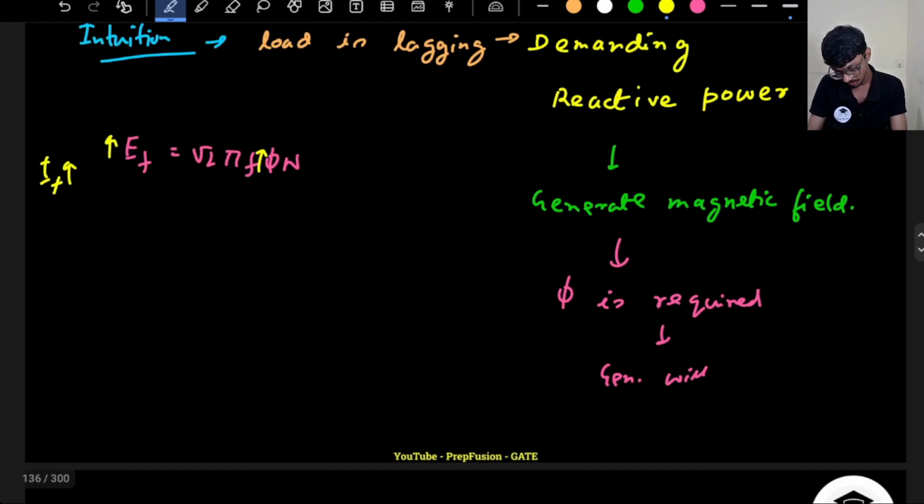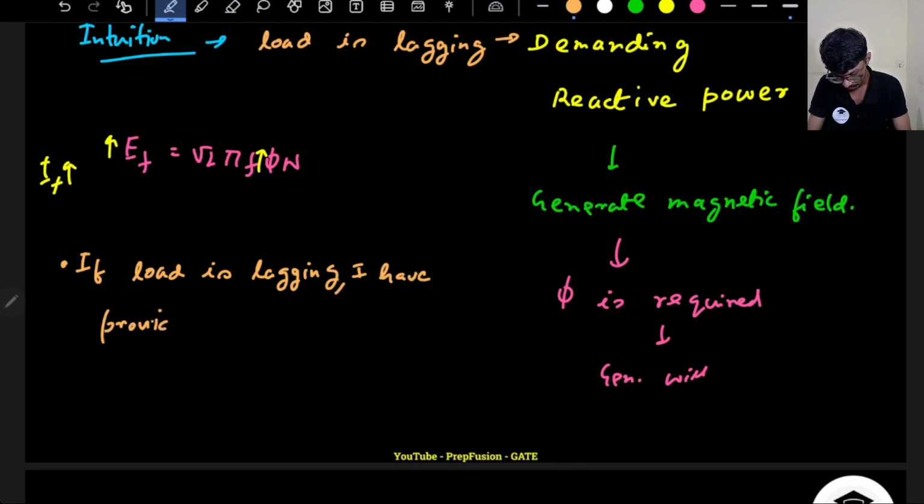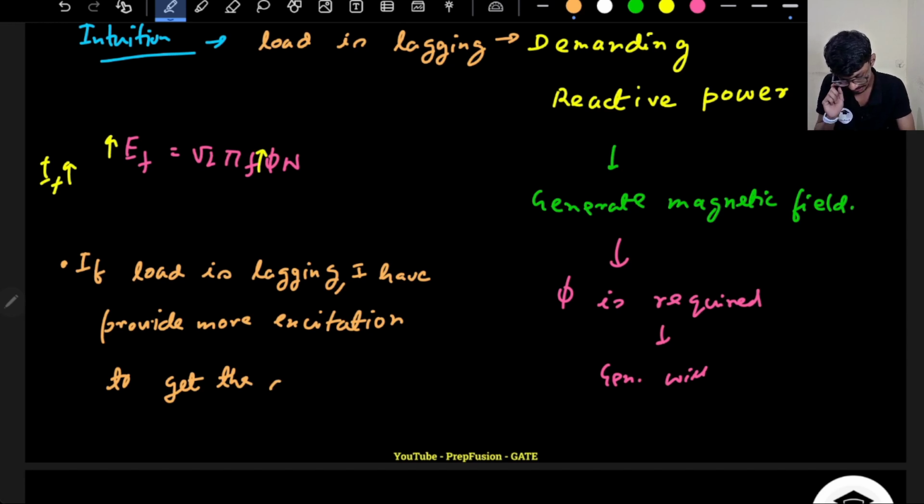So the conclusion is, as we have already discussed, if the load is lagging, I have to provide more excitation to get the same value of IA.